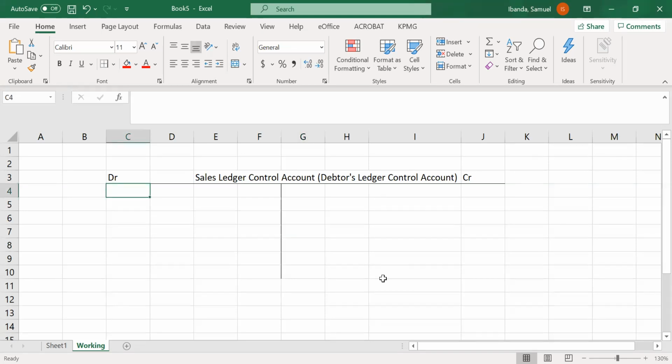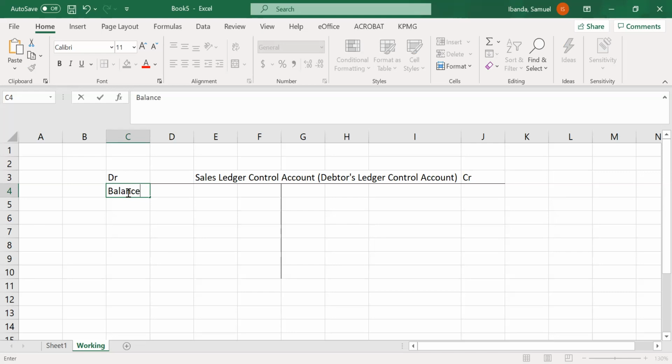Now, what is the principle, and what would we exactly do once we have our two values? Again, I want you to see something critically here. Once we have our so-called control account and we're drawing it up to determine the sales, we have our balance brought down for the debtors.